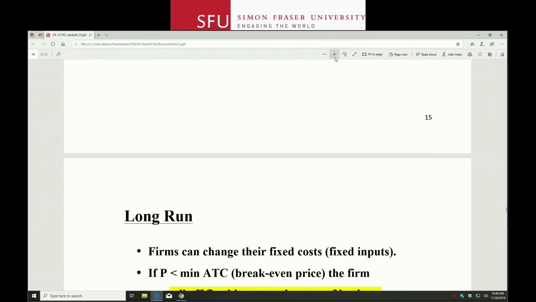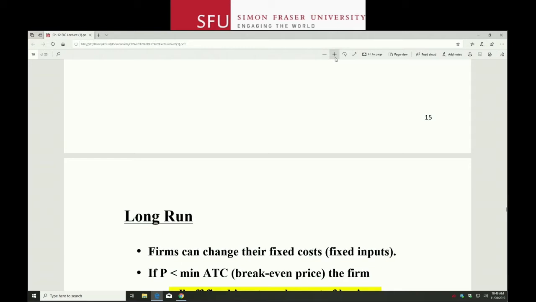In the short run, you're just stuck. You're either in the market or you're not in the market, because you have that fixed input. But in the long run, you can go back and forth. Okay, and this will have major implications for the businesses that are in the market. Now, there's two circumstances. Either the price is high and firms are earning a profit, or prices are low and firms are losing money.